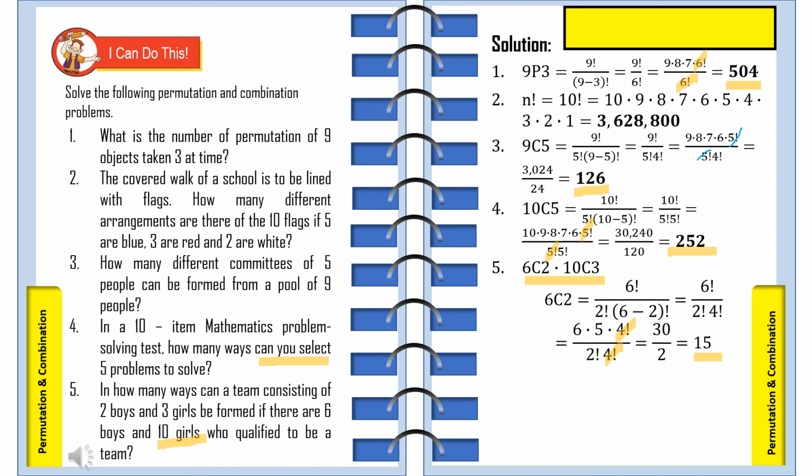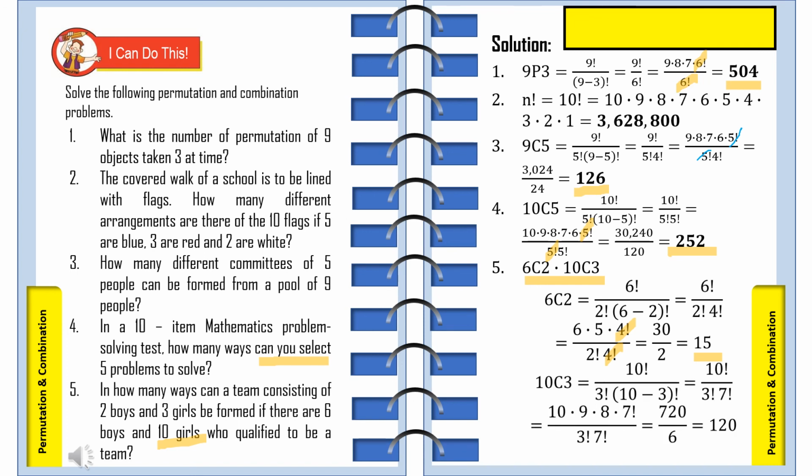Okay? Next. Gawin natin yung second combination natin, yung 10C3. So, same thing na ginawa natin sa unang combination. So, you have here now 10 factorial. Okay, that is your n. And then your r is 3 factorial. Going to take 3. And then you have n minus r, so 10 minus 3 factorial, so it's equivalent to 10 factorial all over 3 factorial times 7 factorial.